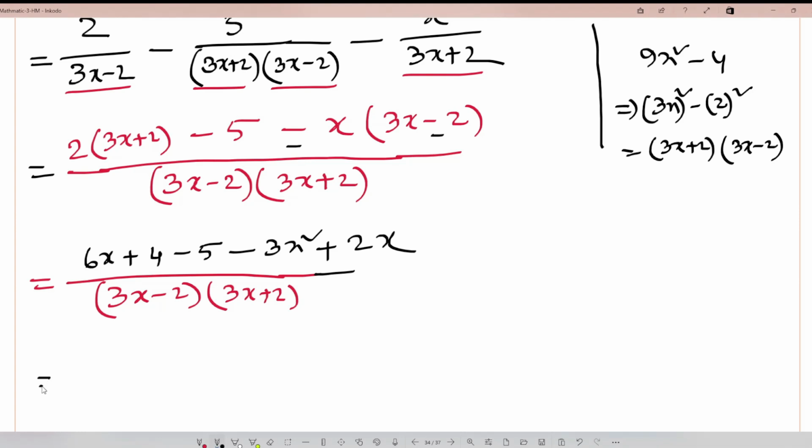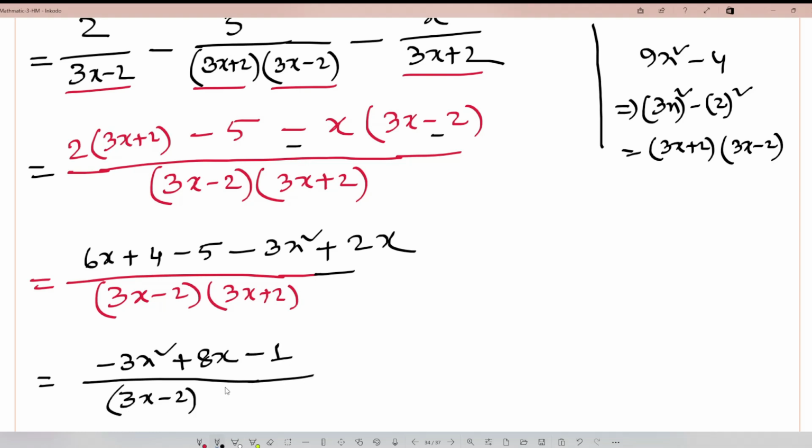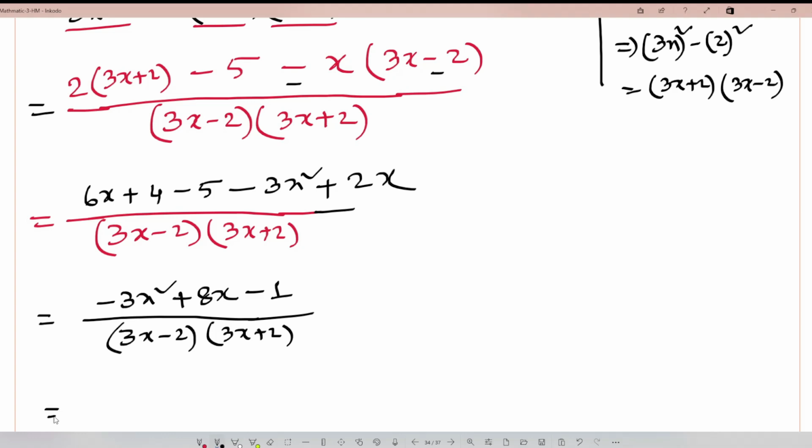Then here is minus 3x squared, then what will come? Here is 6x plus 2x, we can write 8x, and then minus 1, and here is 3x minus 2 divided by 3x plus 2, but it's not looking so nice.